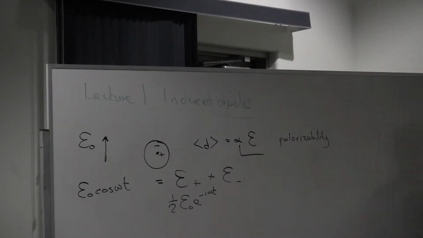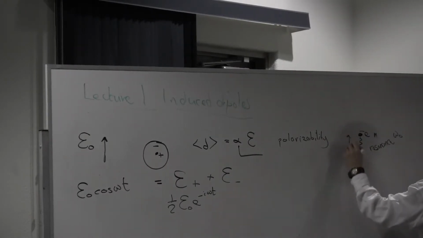And as I said, I'm going to do it classically. So what I'm going to say is that my dipole is just a little mass on a spring. So this is an electric charge minus e. It's got mass m. And it's got some binding coefficient that gives it a resonance frequency omega naught. And then this is the displacement z.